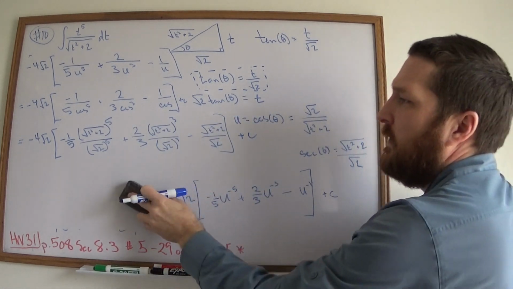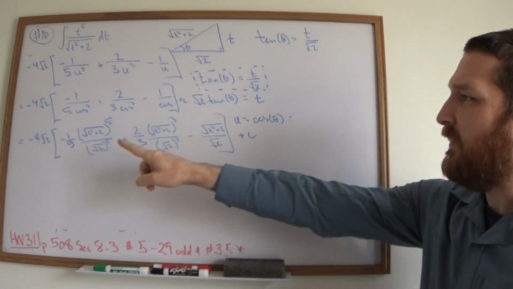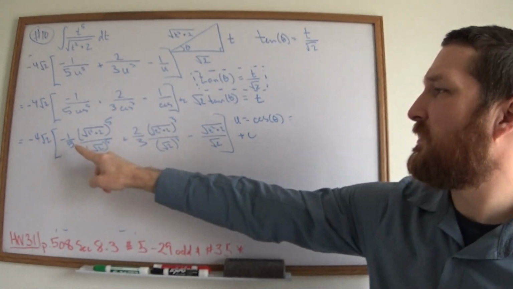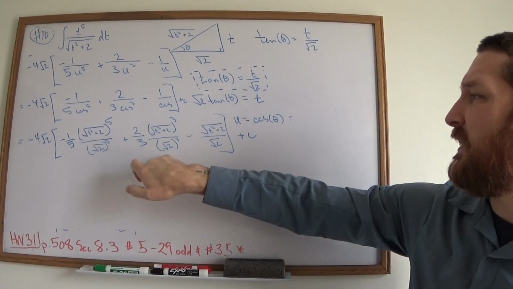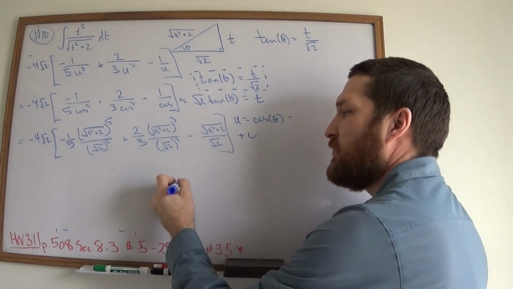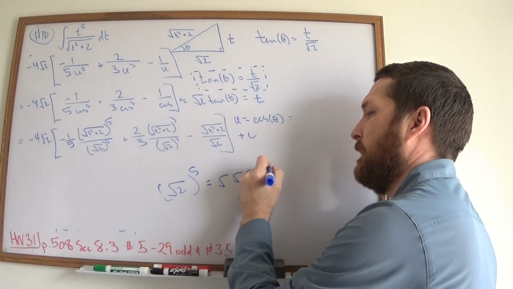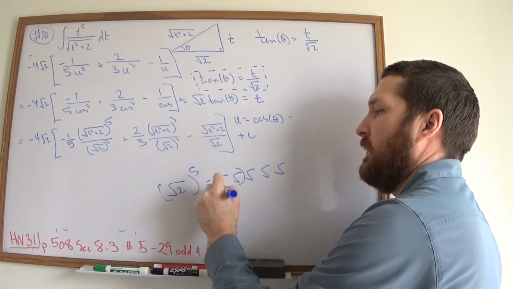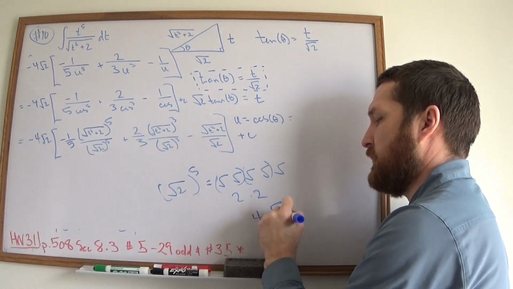Technically we're done, but I happen to notice that we could get some cool cancellations going on here, right? Each one of those is going to have a root 2 left over. So root 2 to the 5th, that's 5 of them. That's 2. 2 of them is another 2, so that's 4 times root 2.